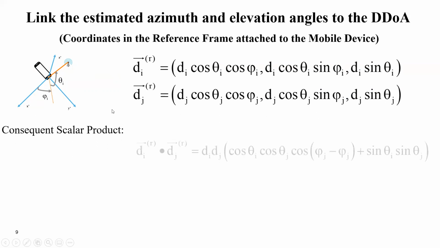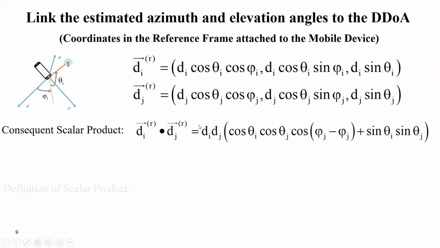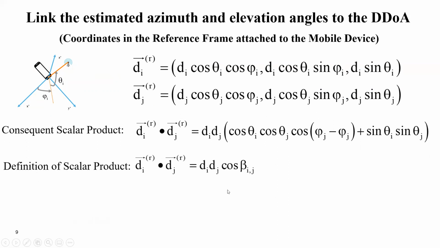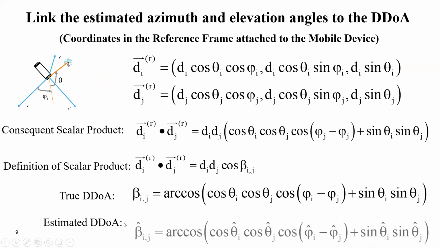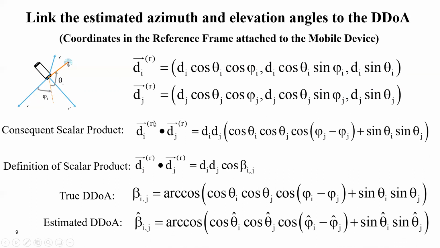We have their scalar product, and on the other hand, this is the definition of the scalar product. Therefore, we have the equation of the true DDoA in terms of phi i, phi j, theta i, theta j, and this is the estimated DDoA in terms of all the related estimated azimuth and elevation angles.